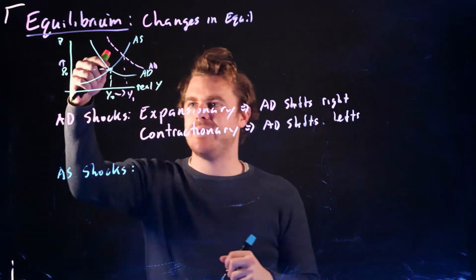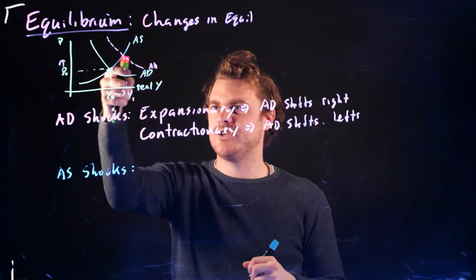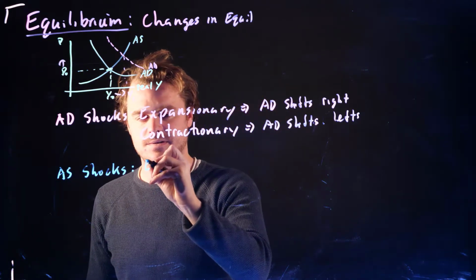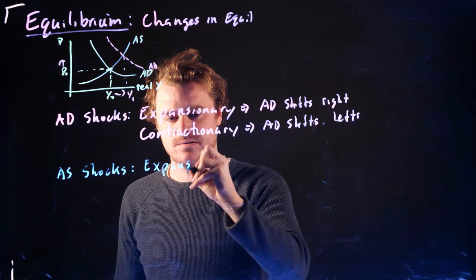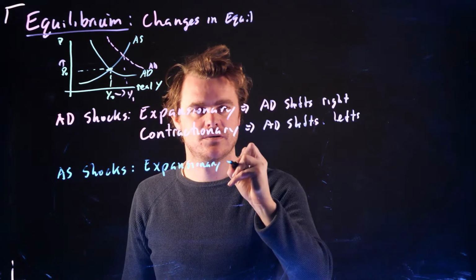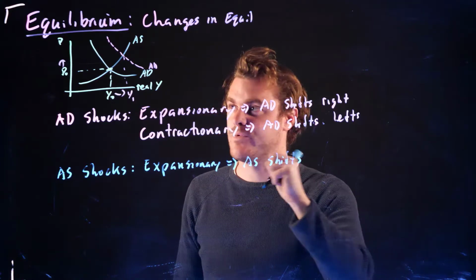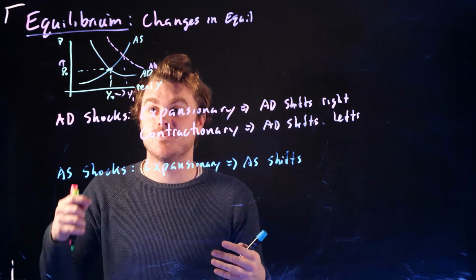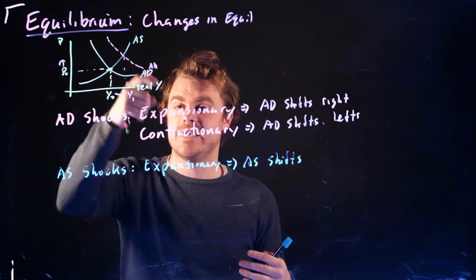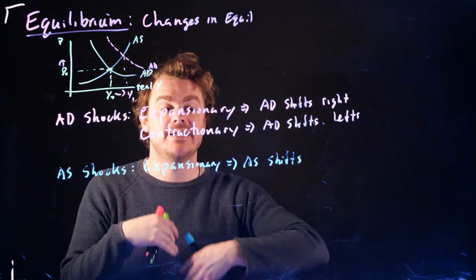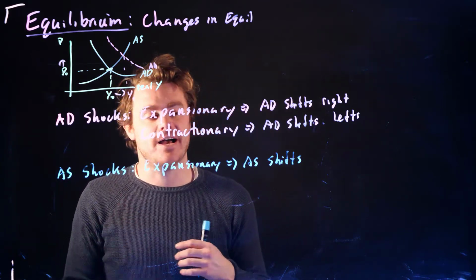It's going to be expansionary if the AS curve shifts to the right. For instance, if technology improved or factor prices went down, this AS curve would shift to the right. We'd call that an expansionary aggregate supply shift.